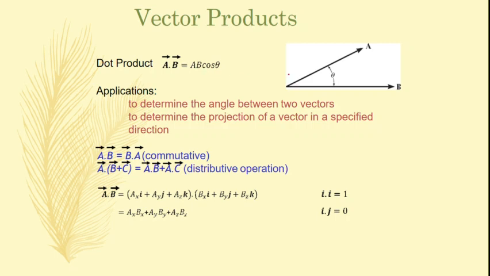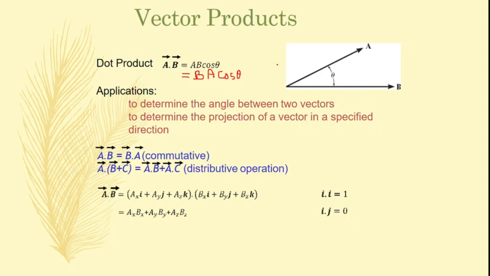B cos theta is the component of this b vector along this a vector. Or suppose we write here a cos theta. Now what is this a cos theta? A cos theta is the component of this a along this b direction. Okay.